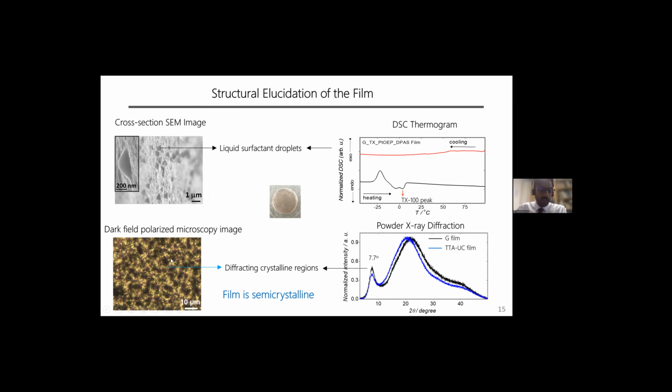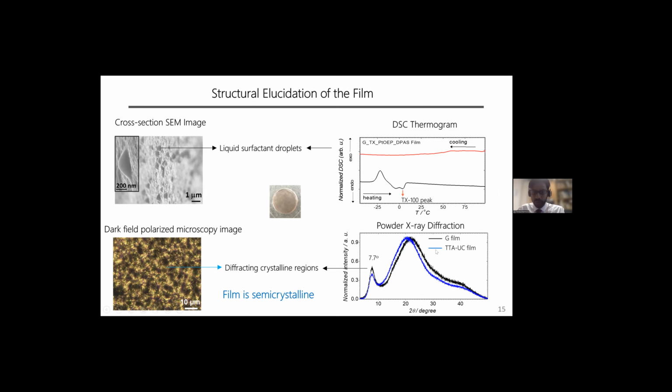From dark field polarized microscopic imaging, we could see that this film is semi-crystalline. This is due to the fact that gelatin itself is semi-crystalline, comprising crystalline and amorphous domains. So we thought that probably the surfactant got dispersed in the amorphous domains, and the crystalline domains of the gelatin fiber avoided the oxygen inflow into the chromophore region.